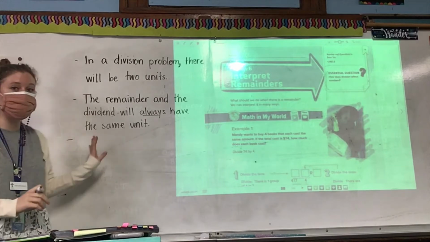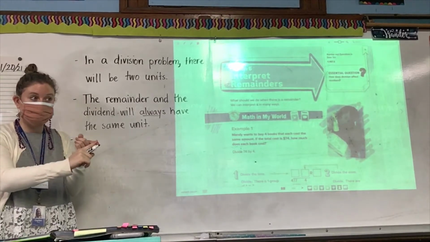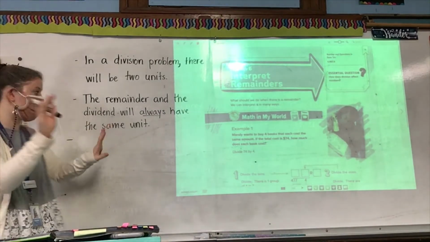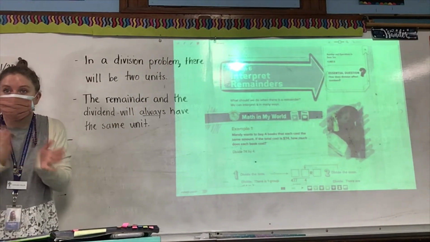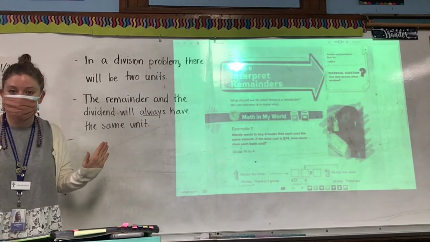So now what I'm going to write next only has to do with the dividend, the divisor, and the quotient. It does not have to do with the remainder because we already know what the remainder unit's going to be. It's always going to be the same as the dividend. Always, no matter what.